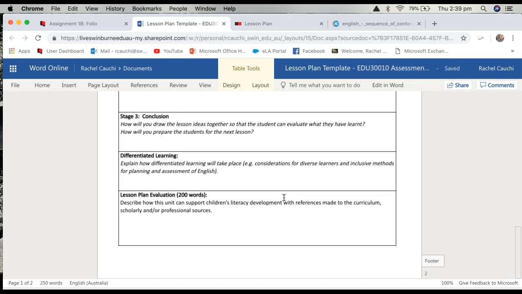You're talking about the fact that this particular lesson is going to be able to support literacy development. Let's go back to my example of building on basic sentences and making them into complex sentences. That's going to help develop students' literacy by helping them engage with their writing and make it more detailed, therefore more fluent.